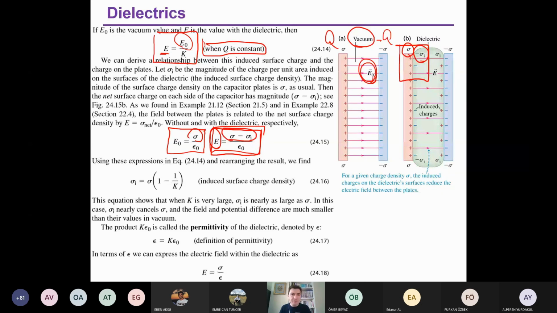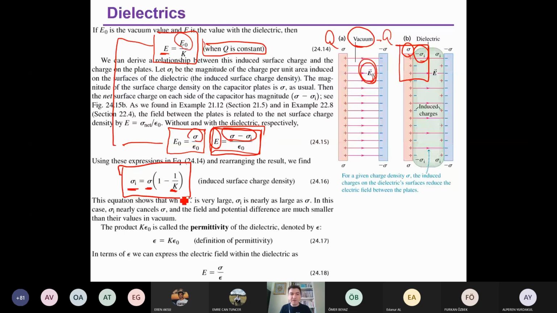Okay, here we have this expression and we have also these expressions. Then I can write this expression. This is the induced surface charge density induced within the dielectric material. This is the surface charge density of the capacitor conducting plates, and we have K. K is the constant, the dielectric constant.